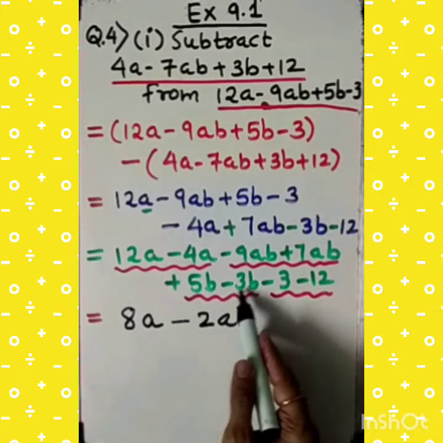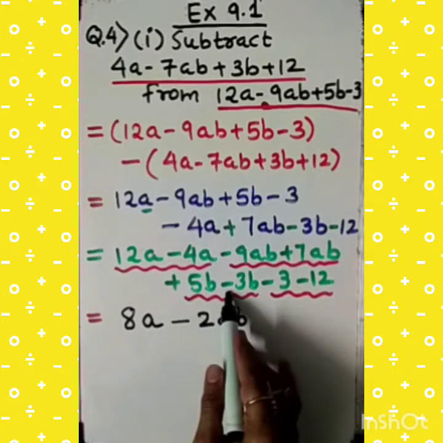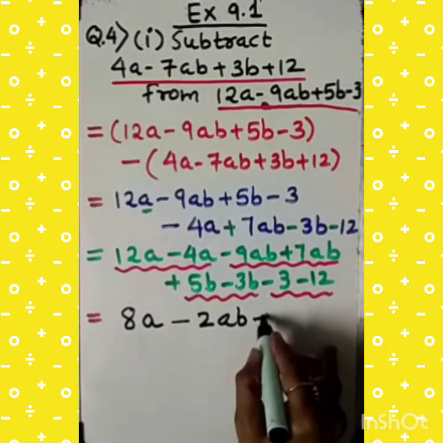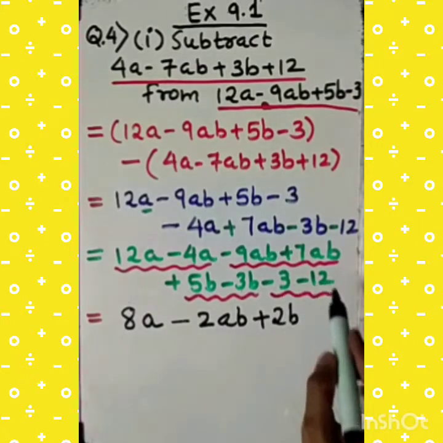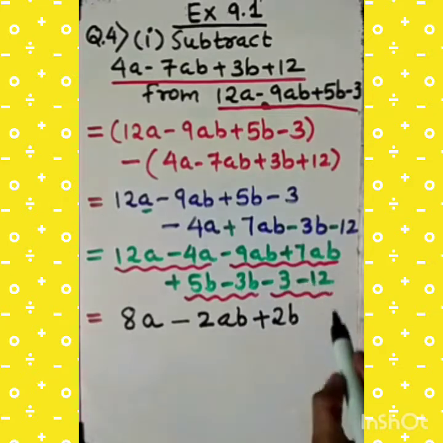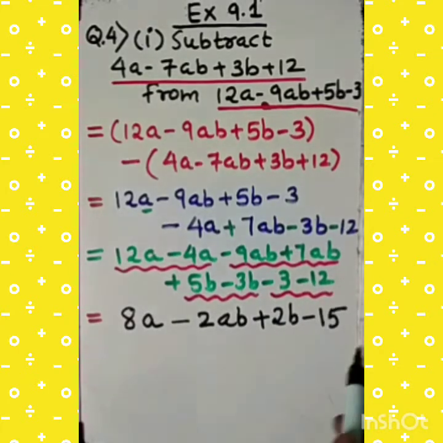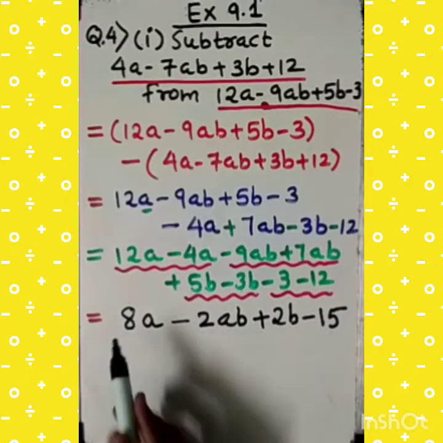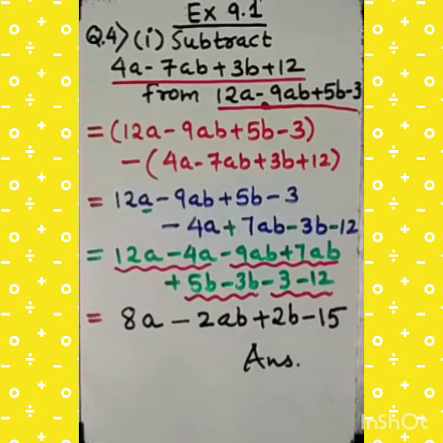Then 5b minus 3b, plus 5 minus 3 gives 2b. Minus 3 minus 12, same sign addition, so it is minus 15. Now nothing is common in all these, so we can't take out anything. So this is our answer.